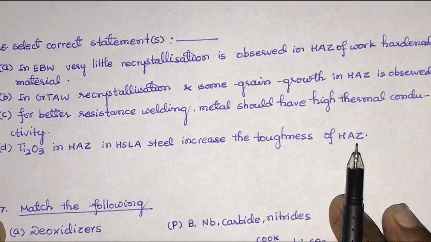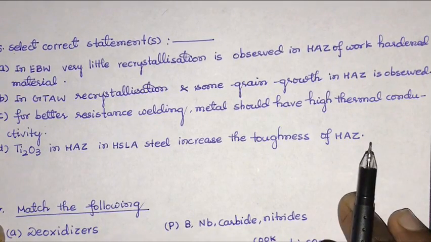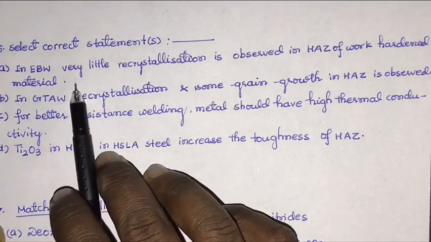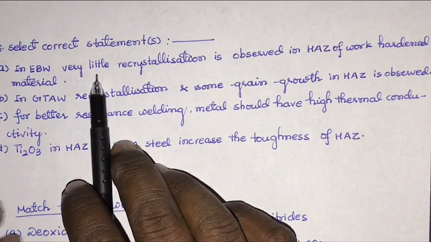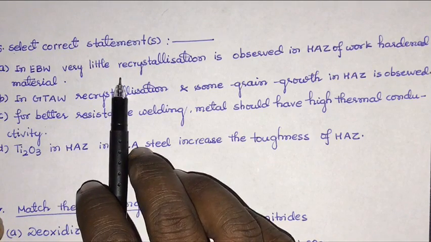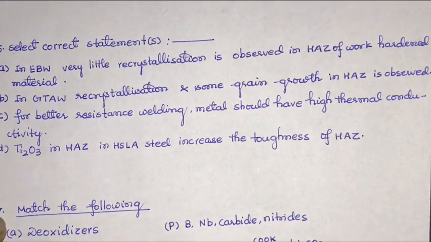Select the correct statements. Let's see the first statement. In electron beam welding, very little recrystallization is observed in the heat affected zone of work hardened material.